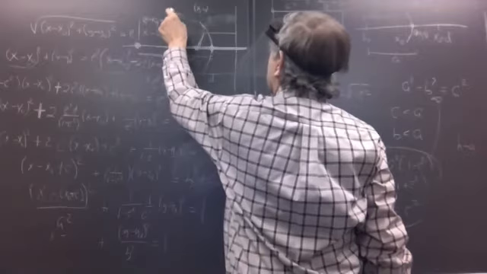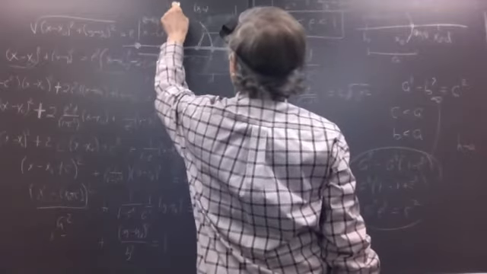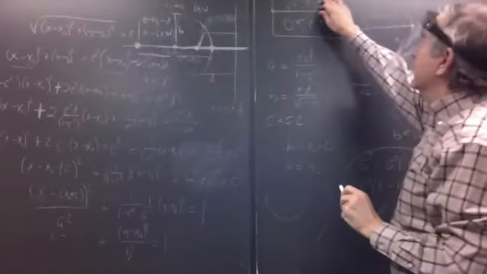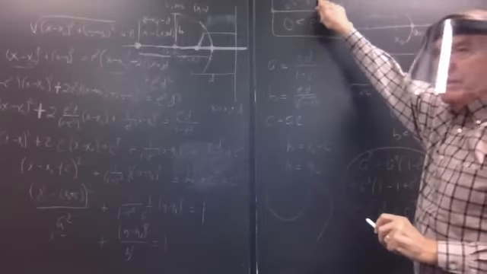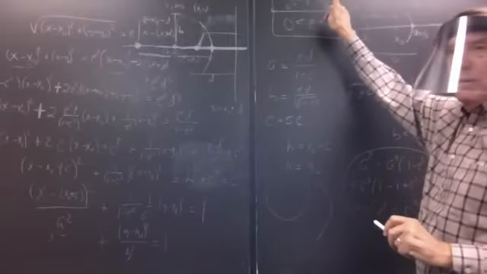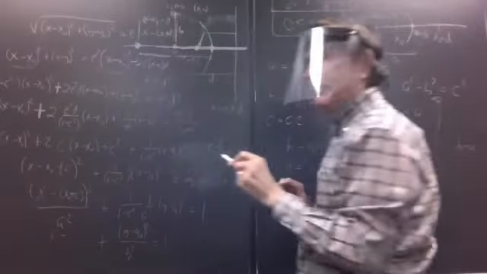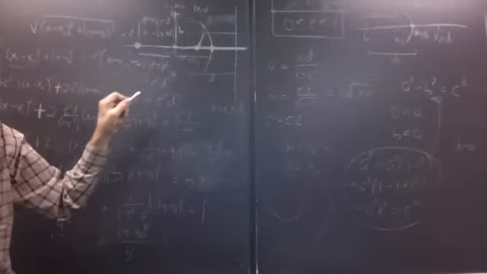This would be the point h, k plus b. If I go up k plus b and put k plus b in for y, k plus b minus k is b, b squared over b squared is 1. So it turns out I got this point on the graph also. And if I go down minus b, I'll have this point on the graph.